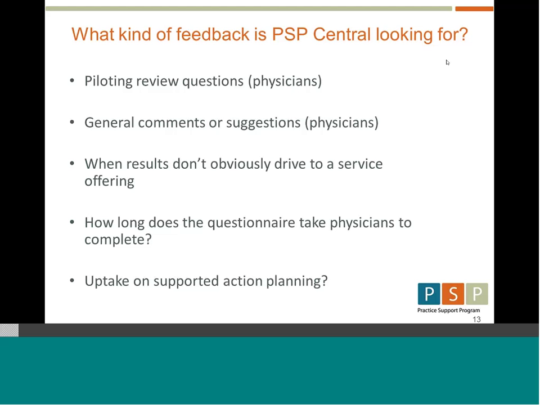In fact, answering the questions at the practice level may highlight some gaps that can only be addressed at a network level, and that's okay. So I think that acknowledging that this is the practice level perspective, and that we're aware that there are other perspectives that will need to be considered, is always a good thing.